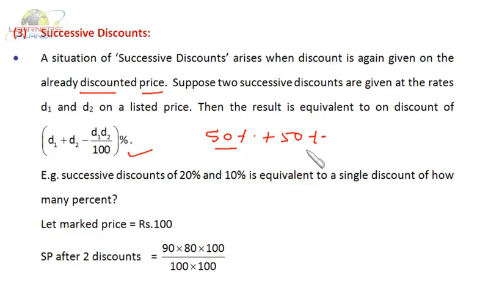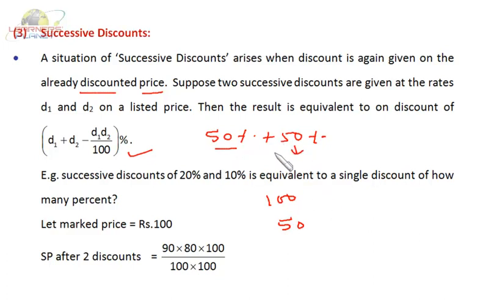Okay, let's take an example. Suppose the price is 100. First you are getting the discount of 50%. That means the price after discount is 50. Now on this 50 rupees, that is the price after discount, further you are getting 50% discount.